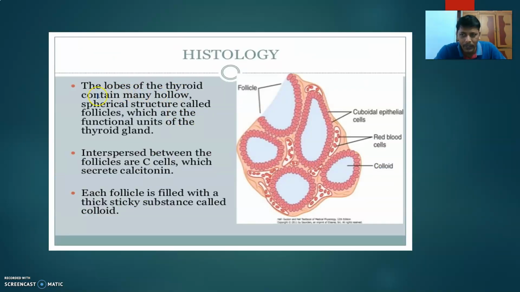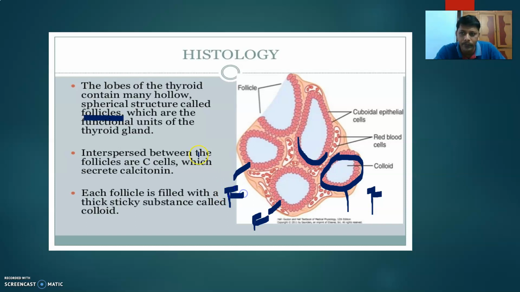The lobes of the thyroid gland contain many hollow spherical structures called follicles. This is one follicle, and this is one follicle. These are the functional units of the thyroid gland. Spread between the follicles are cells called C cells.